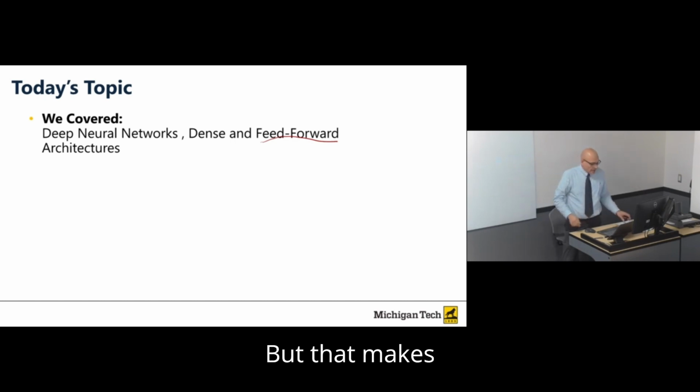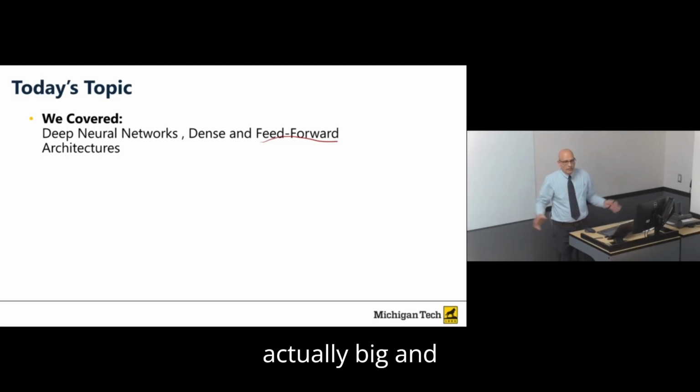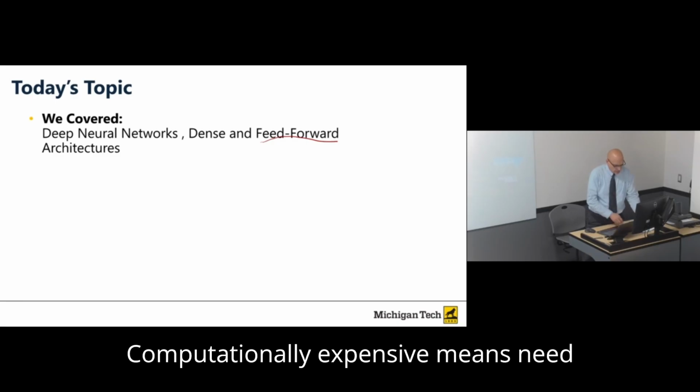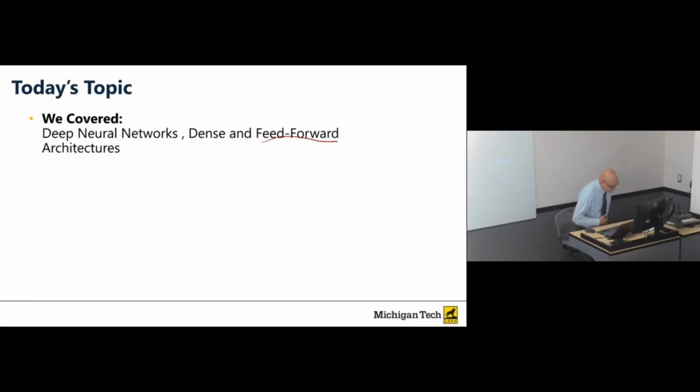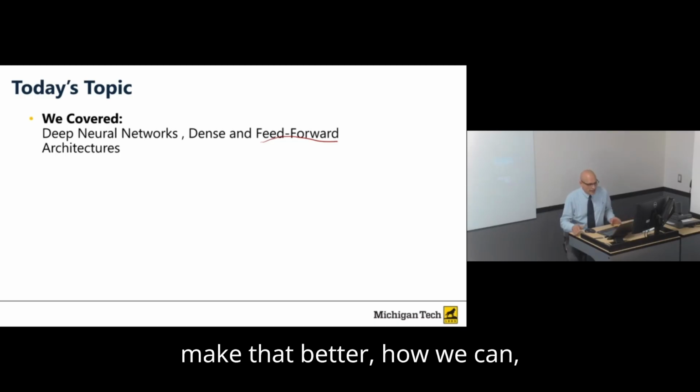But that makes the neural network actually big and computationally very expensive. Computationally expensive means it needs lots of memory and CPU or GPU. But today we want to see how we can make that better.